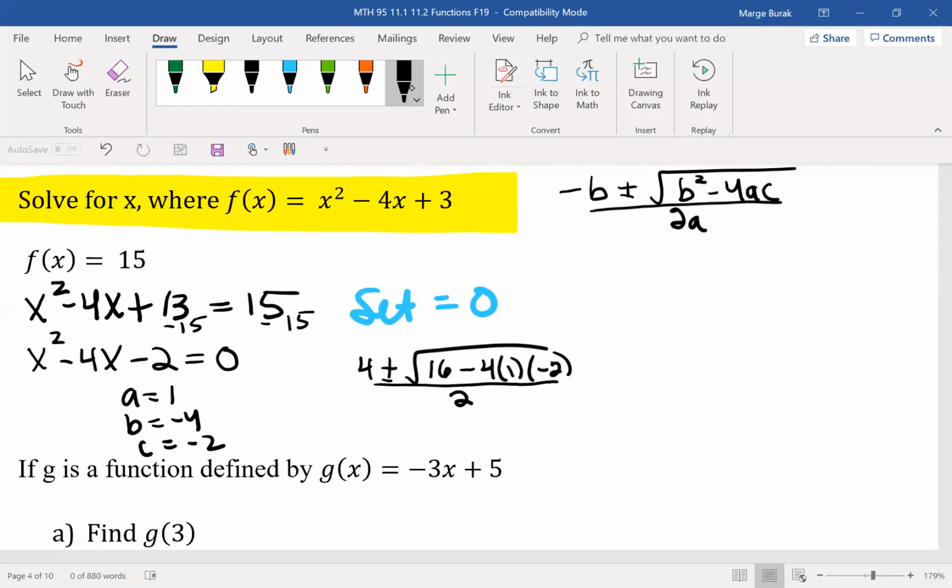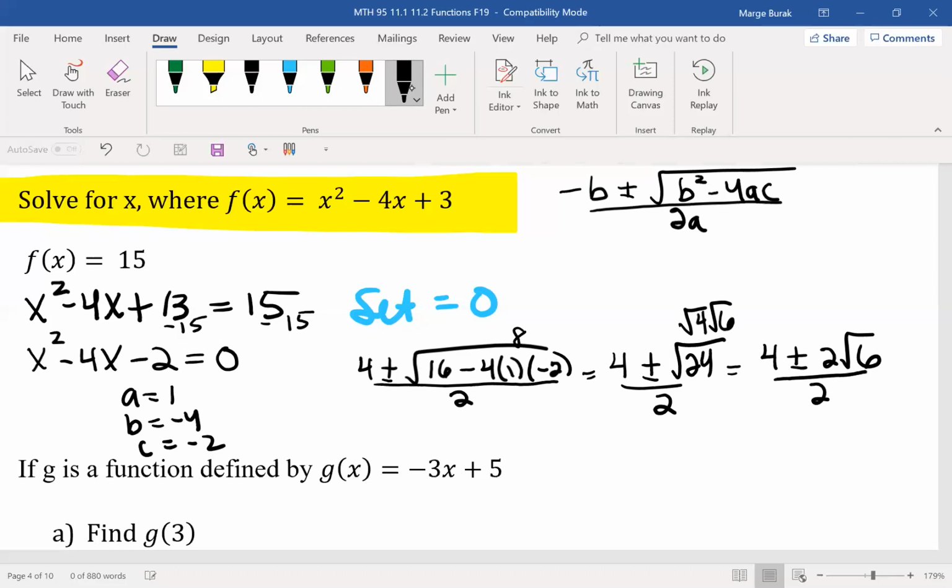This is a minus times a minus, so that's going to be 8. So it's going to be 4 plus or minus the square root of 16 plus 8 is 24 all over 2. This is the square root of 4 times the square root of 6. So this will become 4 plus or minus 2 times the square root of 6 over 2.